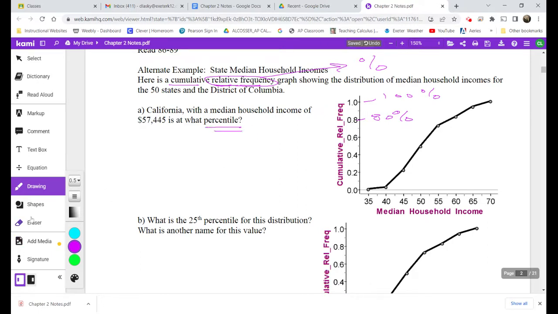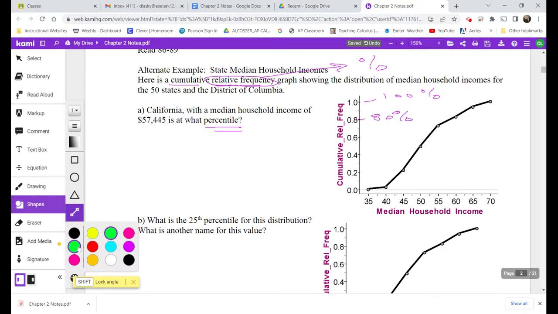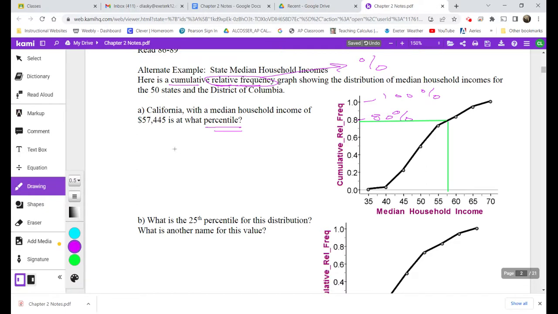So let me get my handy dandy shape generator here, and we'll go with green. And it said 57,445. So this is 55. So it's right about here. Let's draw a line straight up, and then we'll draw another line straight across. And we can say that this is approximately the 78th percentile.